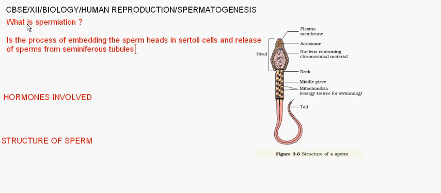Now coming to the hormones involved. Hormones involved in spermiation, or we can say spermatogenesis. The hormone involved is called gonadotropin releasing hormone, short form GnRH.